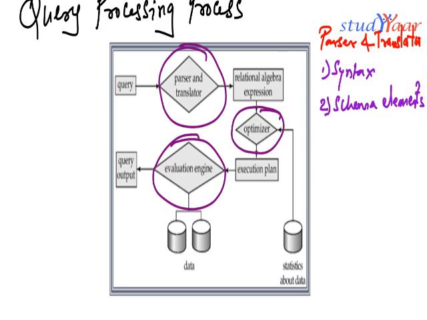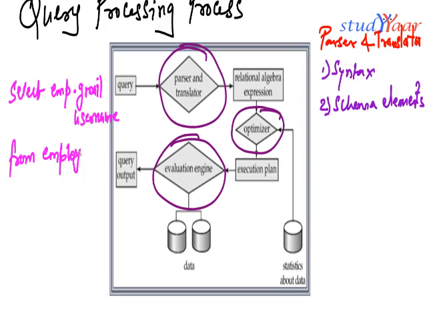If I have a query like select employee dot Gmail username from employees, and I realize that Gmail username is not a valid attribute of employees, since employees does not have Gmail username stored, it's going to say such a schema element does not exist and my query won't be processed.